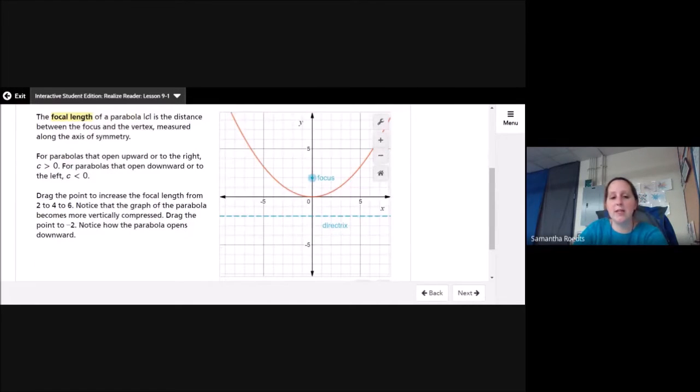Drag the point to increase the focal length from 2 to 4 to 6. Notice my directrix is moving as well. If my focus is at 6, my directrix is at negative 6.